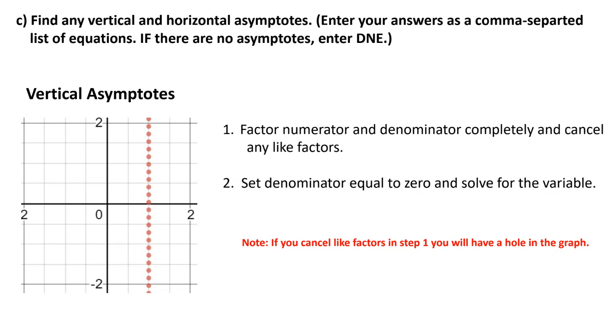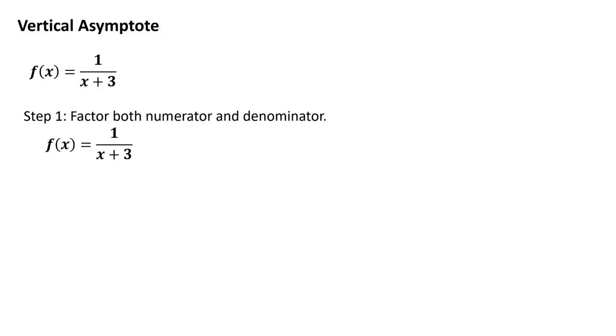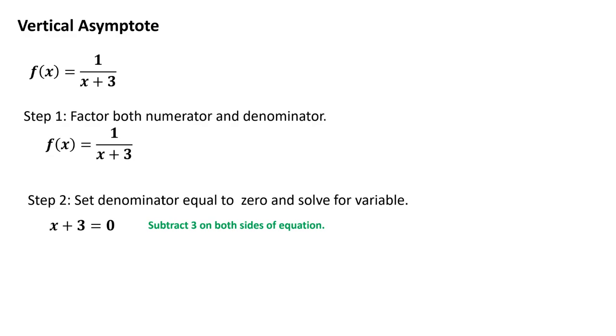That restriction. So let's look at this one that we were working on. So we solved the restriction on the domain. Again, we don't have to factor the numerator because the numerator is already in its simplest form, which is 1. And also our denominator is in its simplest form, which is just x plus 3. And we saw that when we set the denominator equal to 0, x could not equal -3.